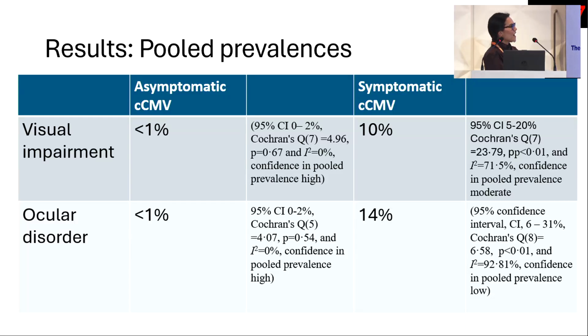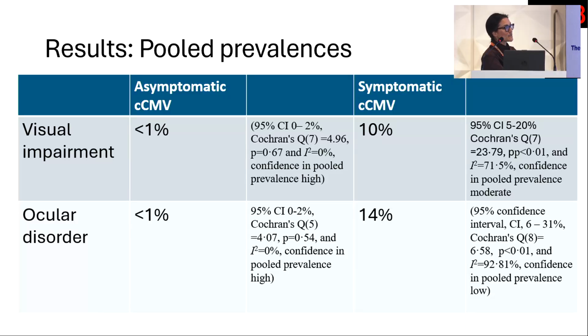And similarly, there was less than 1% rate of ocular disorders in these children. So generally, at quite low risk, if they have no other systemic findings, quite low risk that we will find an ocular or visual problem by screening.